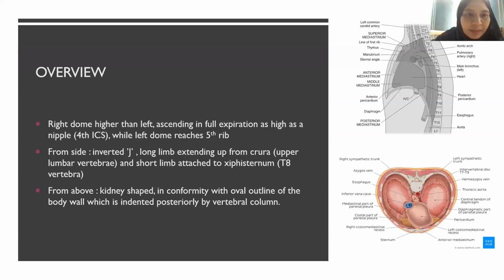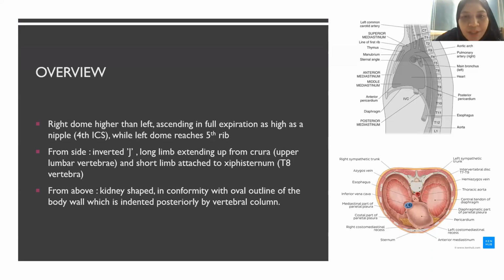Okay, next, what is the shape of the diaphragm? It is dome-shaped. In full expiration the right dome ascends as high as the fourth intercostal space, while the left dome is at the fifth intercostal space. So the left dome is lower than the right dome.